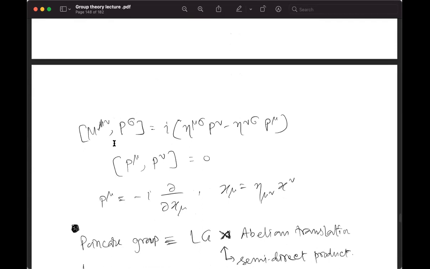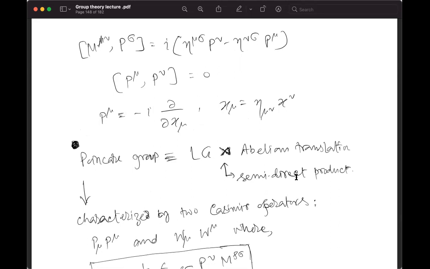So you can take the commutator of M_mu nu with P_sigma, which you can write down in this way, and the P_mu's commute, and P_mu can be written in terms of a derivative del over del x_mu, using the metric. So the Poincare group can be thought of as the Lorentz group and a semi-direct product with the abelian translation. This actually symbolizes a semi-direct product.